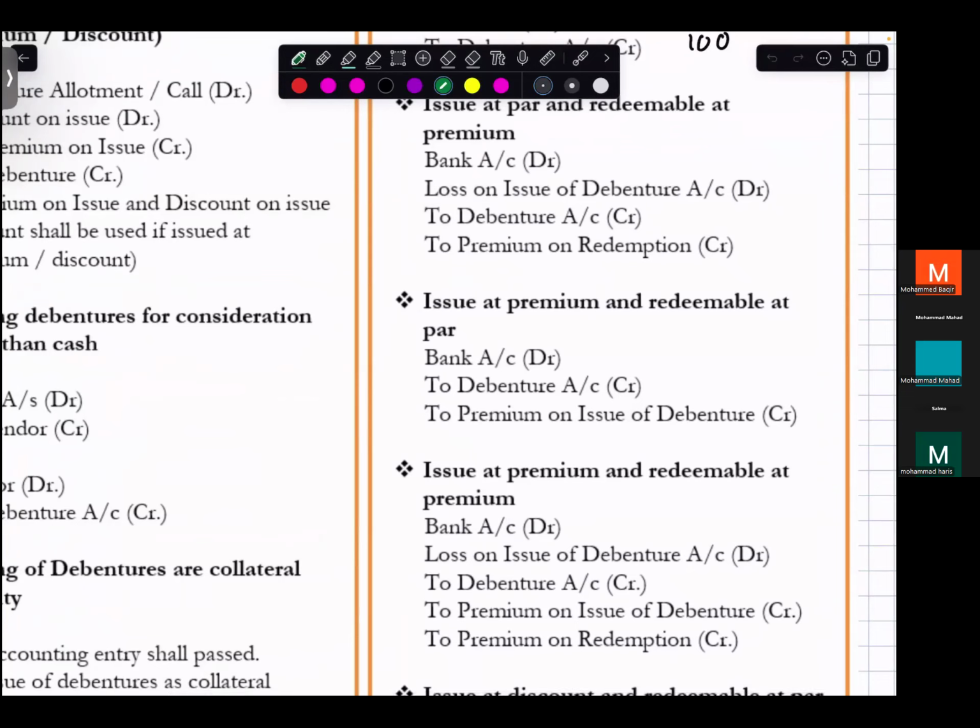Now here your question is debenture issued at premium, redeemed at par. Can you make your own example for yourself? Issued at premium, redeemable at par.